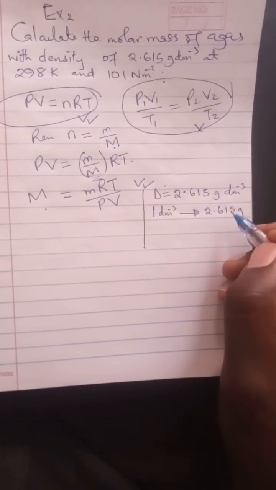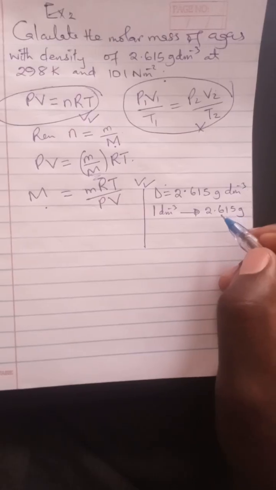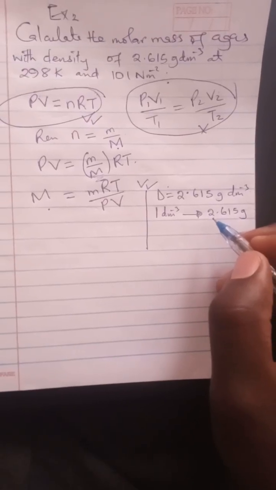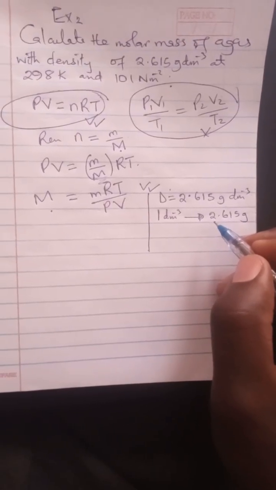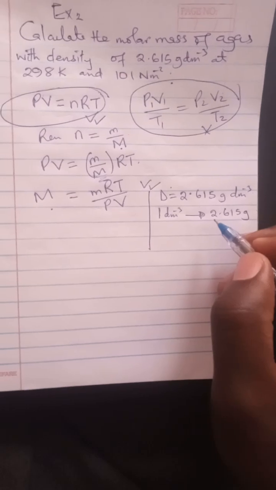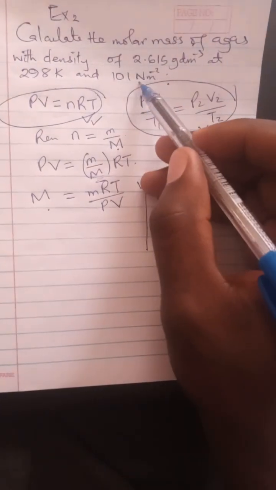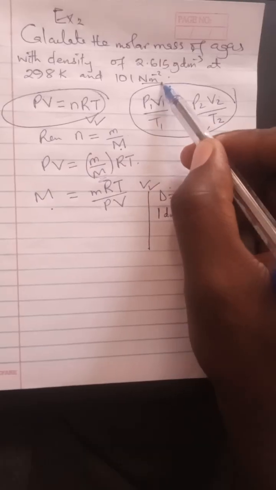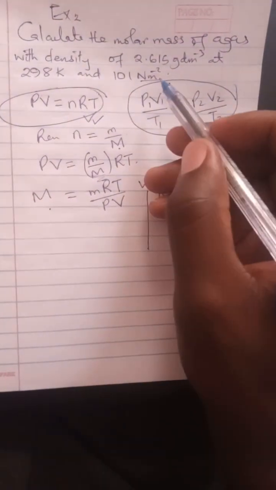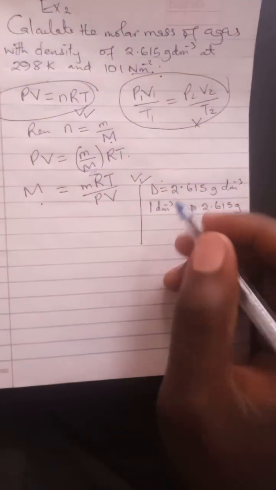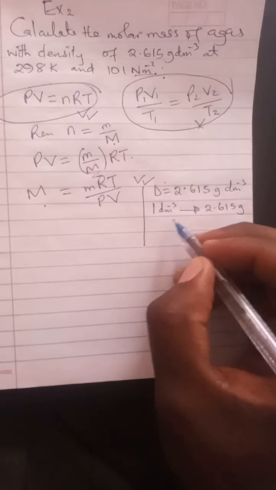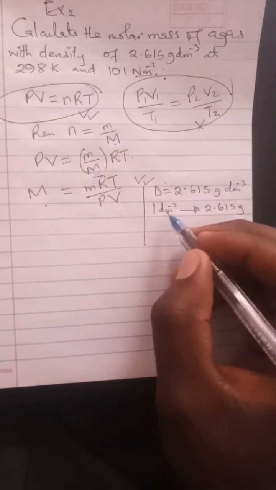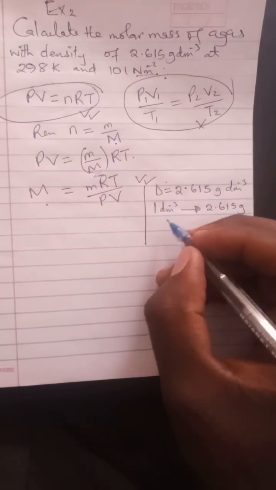So we need to consider it in terms of cubic meters, because the pressure provided to us is in terms of meters, areas in units of meters. So we need to focus on volume in terms of units of meters.